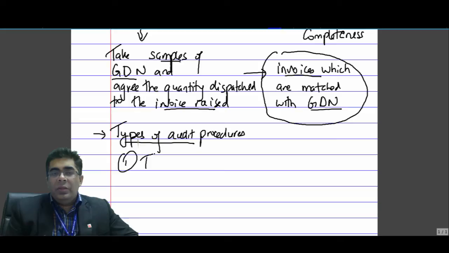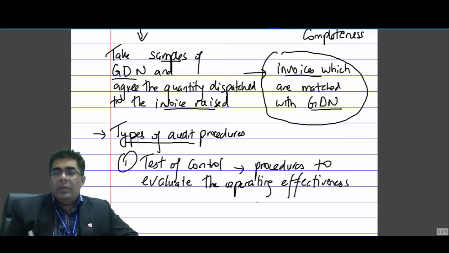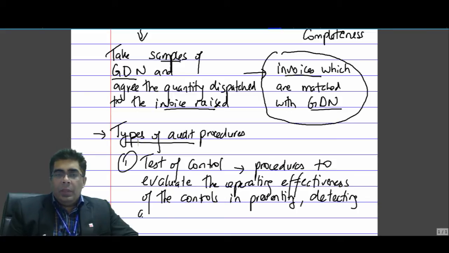Number 1 is your test of control, which is procedures to evaluate the operating effectiveness of the controls in preventing, detecting, and correcting material misstatement.